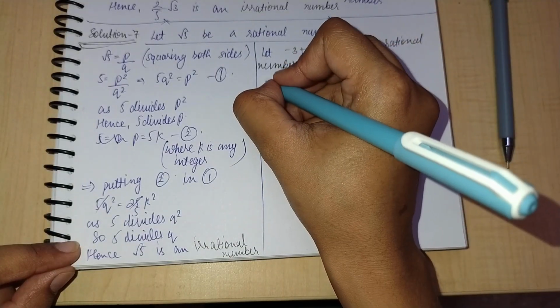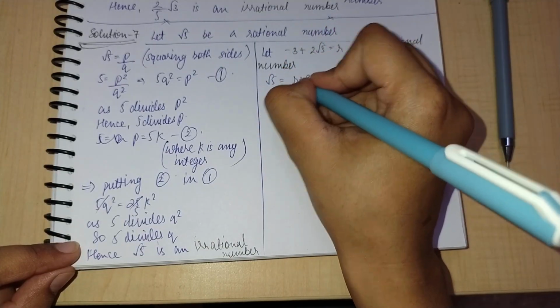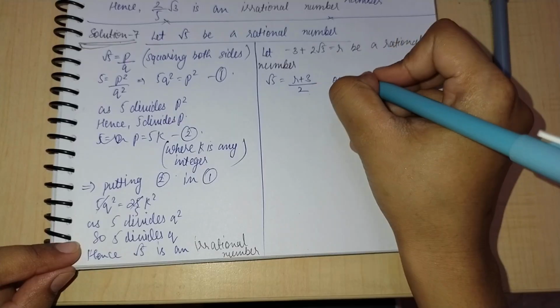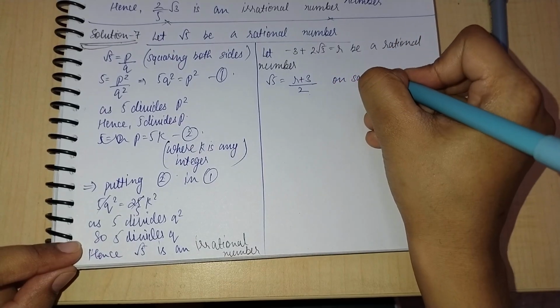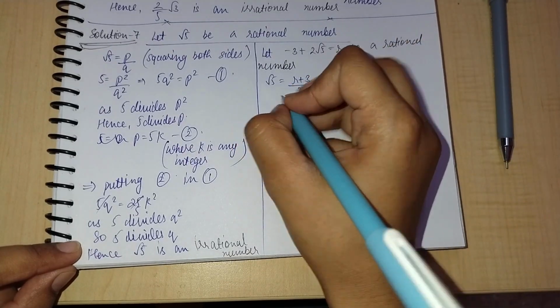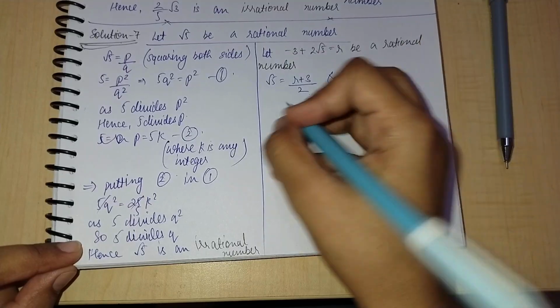Hence proved that minus 3 plus 2 under root 5 is an irrational number, only then can under root 5 be an irrational number. Hence proved the question.